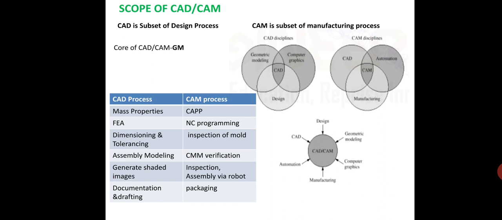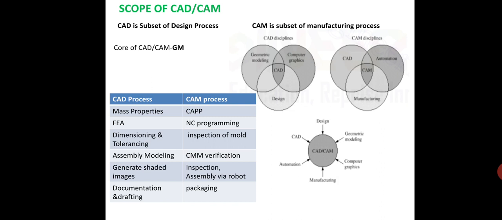At the core of the CAD and CAM processes is a geometric model of the product under design. Activities of the CAD process include mass properties, finite element analysis, dimensioning, tolerancing, assembly modeling, generating shaded images, documentation and drafting. These all come under the CAD process.